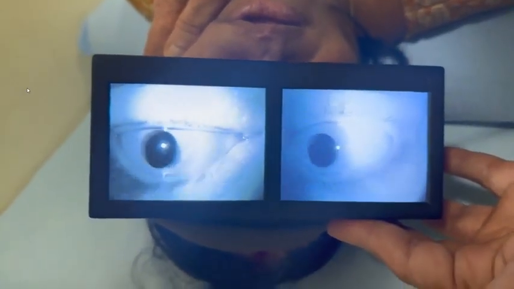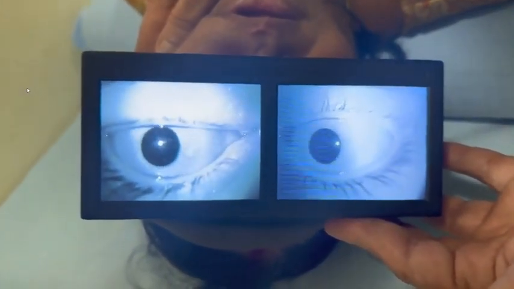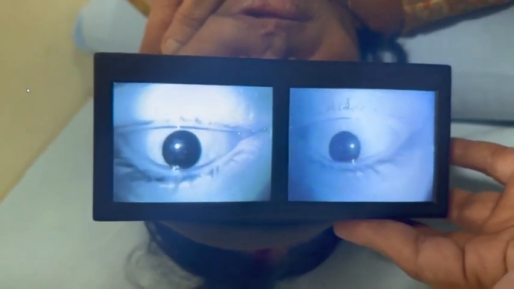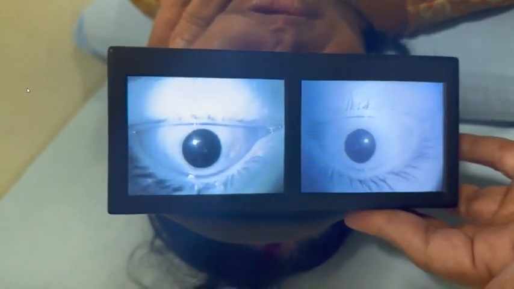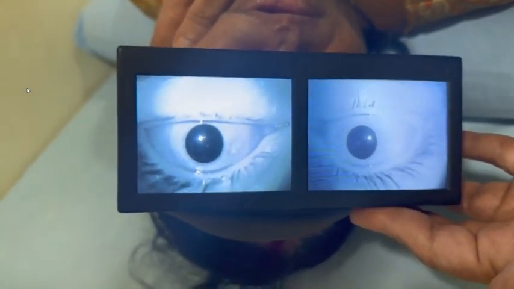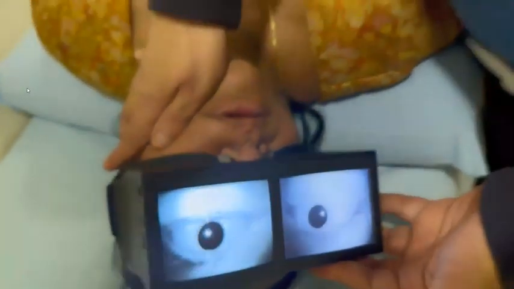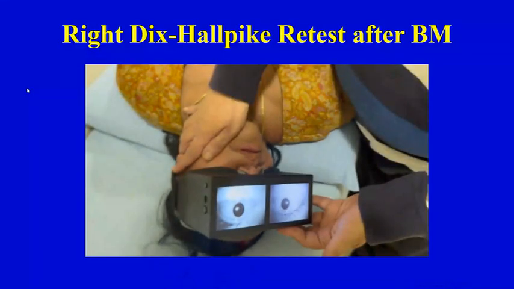The otoconial debris has moved from the non-ampullary location into the utricle, and therein, after it went through, into the long posterior arm of the right horizontal semicircular canal. This we confirmed by the supine roll test also. However, she was treated actively with the Gufoni maneuver and she responded to it.